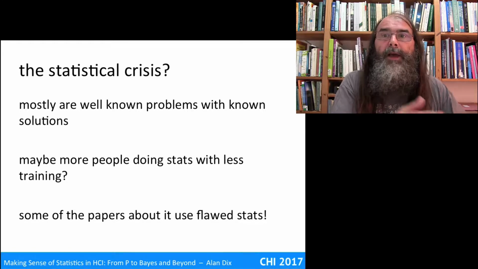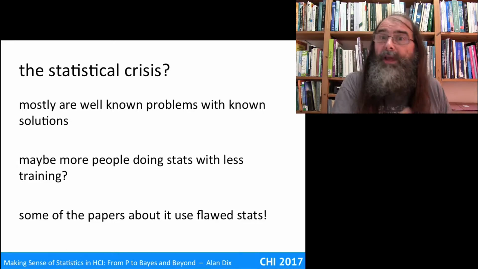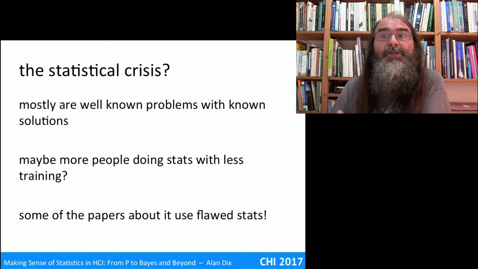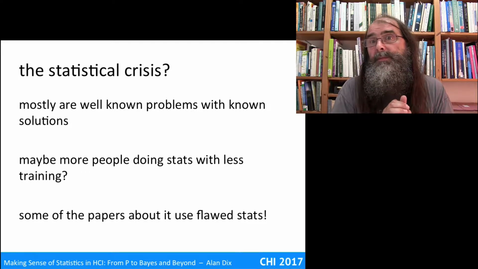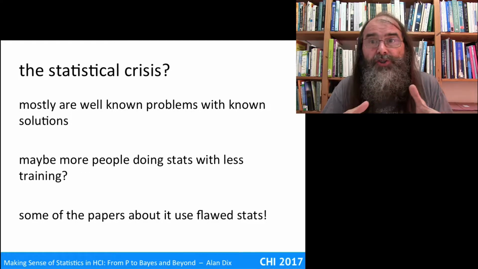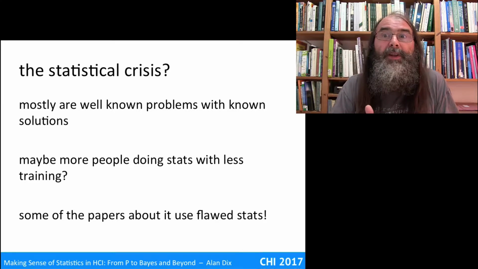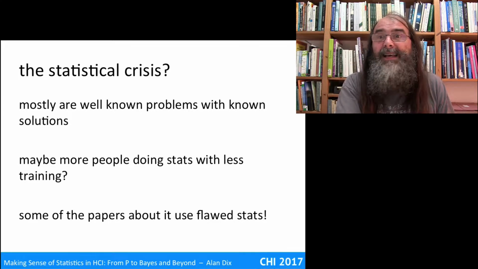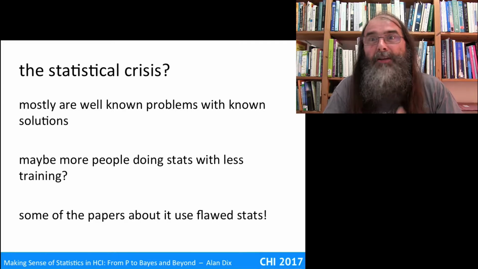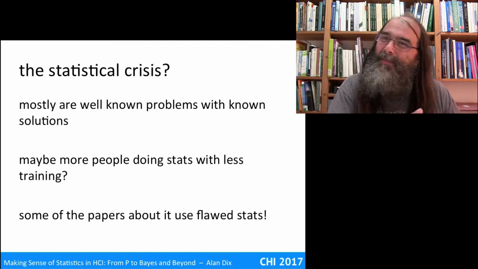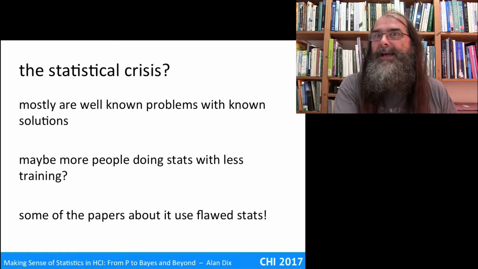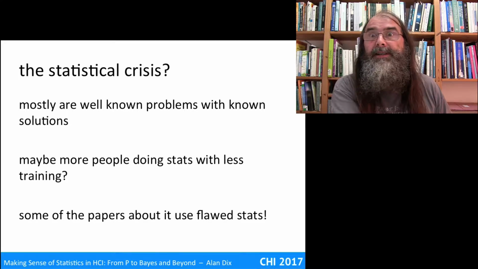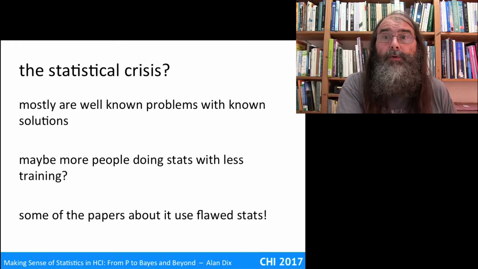Some of the dangers that I've talked about are things that happen. People do them, they produce results, and if you're not careful as a researcher, you might well produce results that are misleading because of some of these problems. Or as a practitioner, you might read some of the literature. Somebody says something like, 12-point font size is good for a mobile device, and you might think, oh, obviously I've got to do that because it's what it says, and they've got the statistics to back it up, and actually the statistics are flawed in some way.